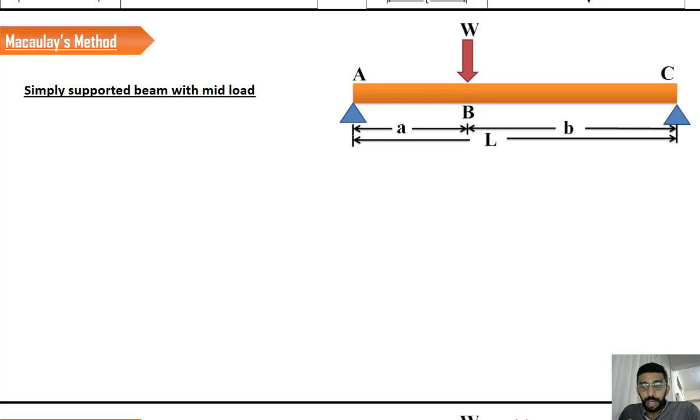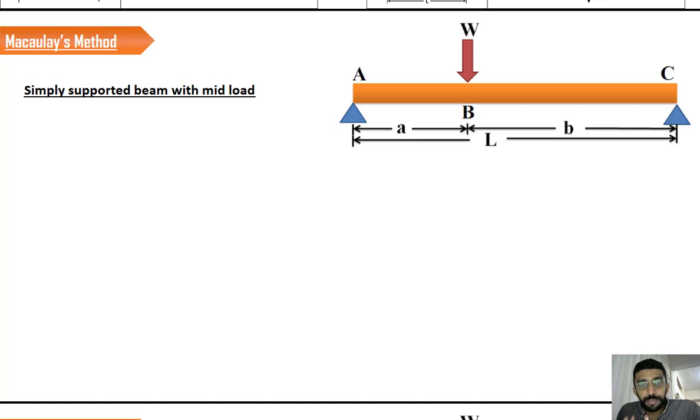Okay, and what we are doing here is defining equations for each section. That means if we look here, we can divide the entire system into two different parts, section AB and section BC.